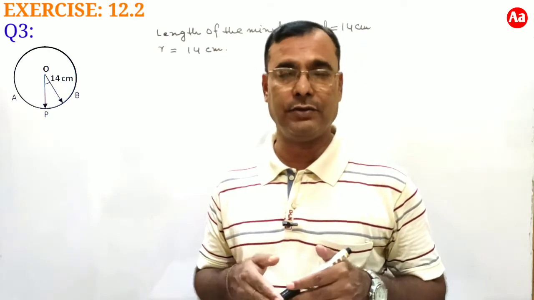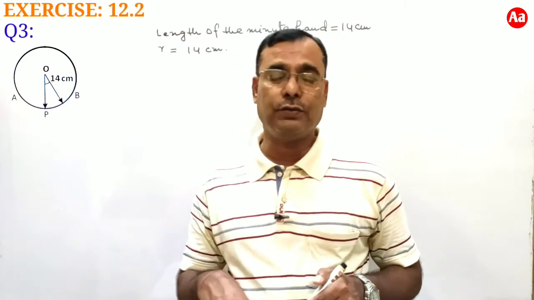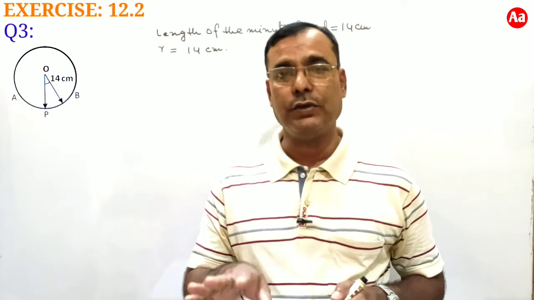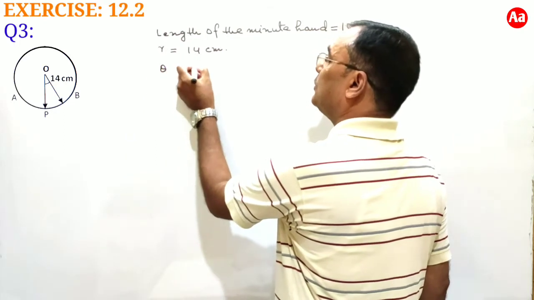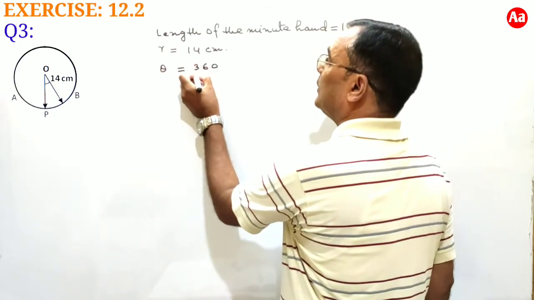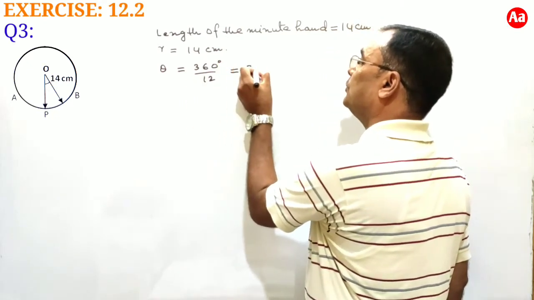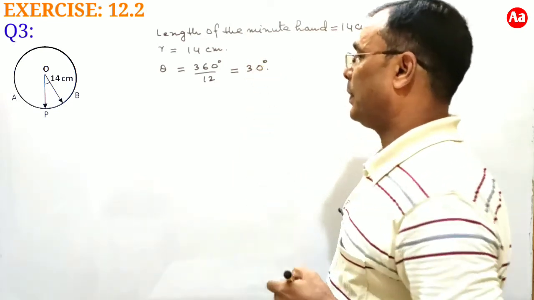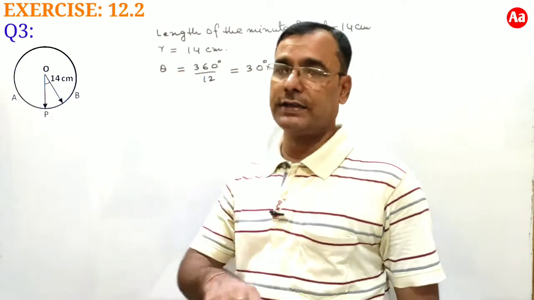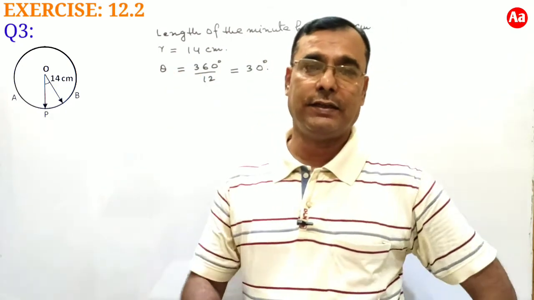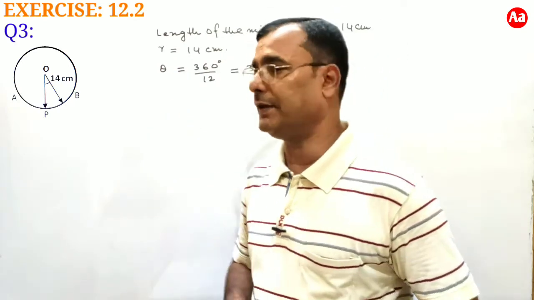And how can we find it? 360 degrees divided by 12, because there are 12 equal divisions on the circular dial of a clock. So sector angle theta is equal to 360 by 12, which is equal to 30 degrees. So we have got the sector angle 30 degrees, and the radius of the sector, which is actually the length of the minute hand, is 14 centimeter. It is already given in the question.